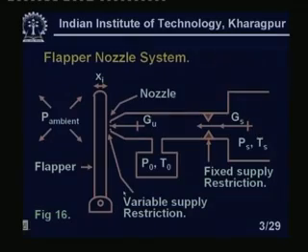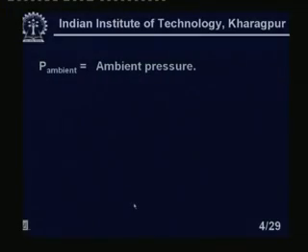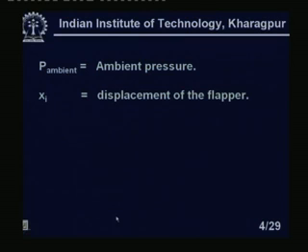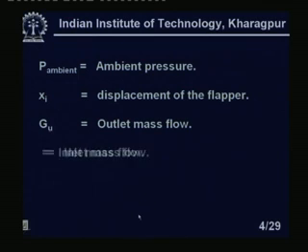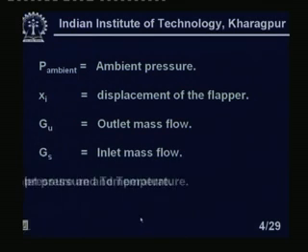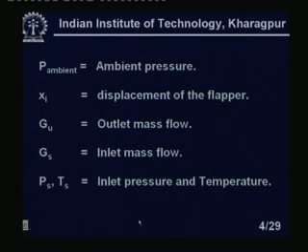And we also have, at the end of the nozzle, a fixed pressure supply or air supply, right? P is the ambient pressure, Xi is the displacement of the flapper, Gu is the outlet mass flow, Gs is the inlet mass flow, and PS, T is the inlet pressure and temperature.